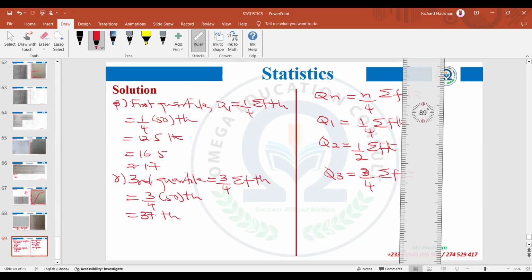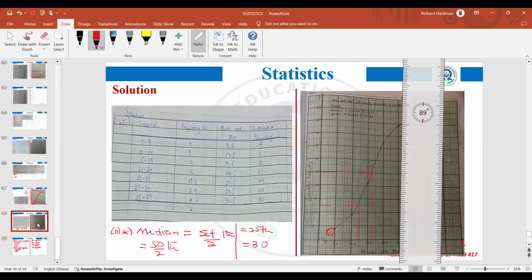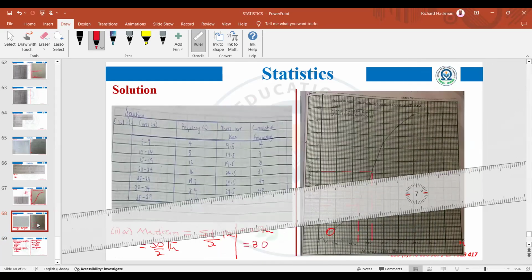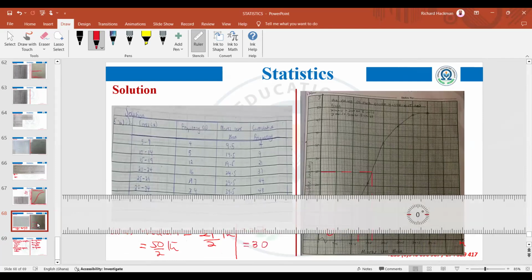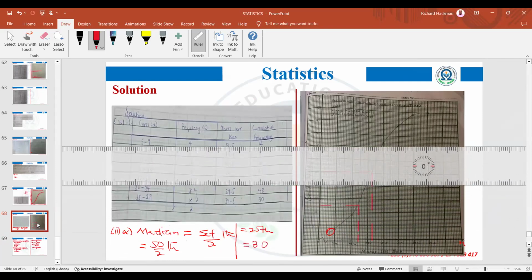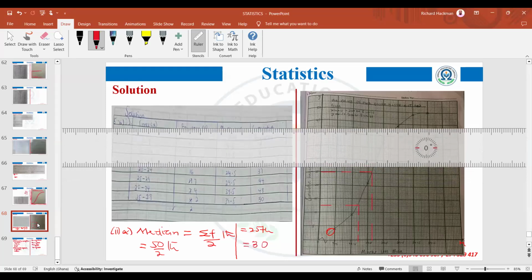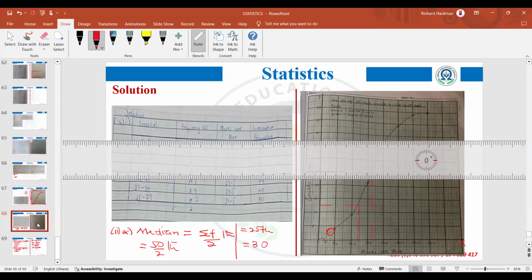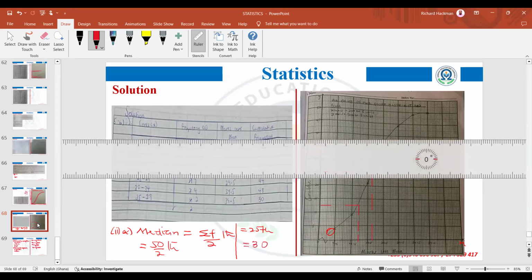So now again, you go to your graph, your curve, and find where 37.5 will be. Between 35 and 40 will give me my 37.5. So I go and trace. You can see the graph is bent, so I'm not getting the clearer or right picture.